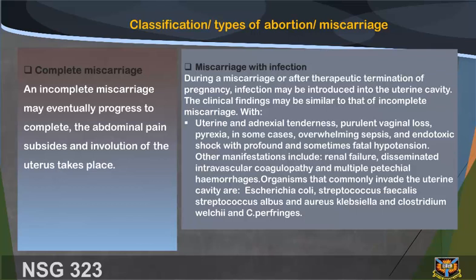Miscarriage with infection. During a miscarriage or after therapeutic termination of pregnancy, infection may be introduced into the uterine cavity. The clinical findings may be similar to that of incomplete miscarriage, with uterine and adnexal tenderness, purulent vaginal loss, pyrexia, in some cases, overwhelming sepsis, and endotoxic shock with profound and sometimes fatal hypotension.